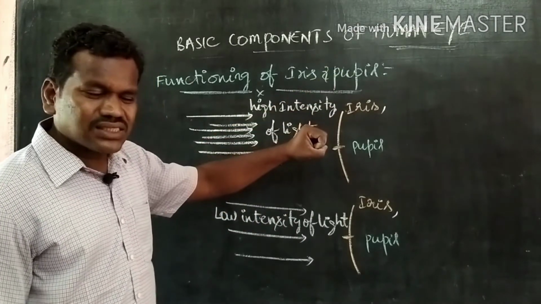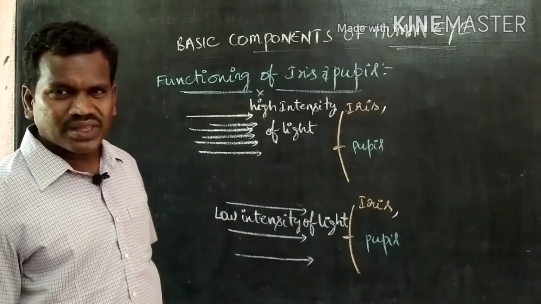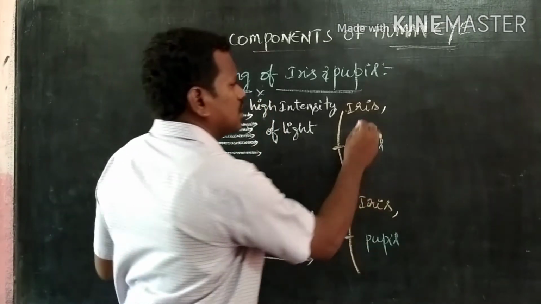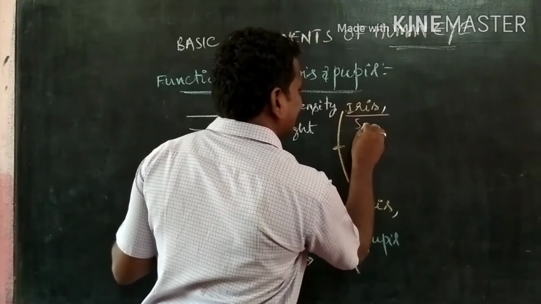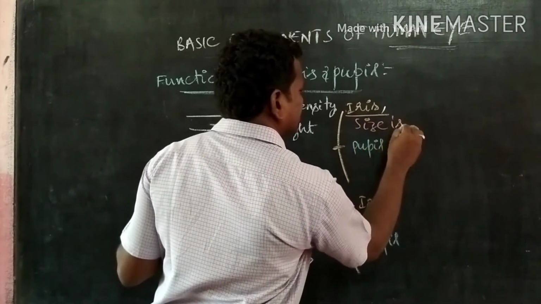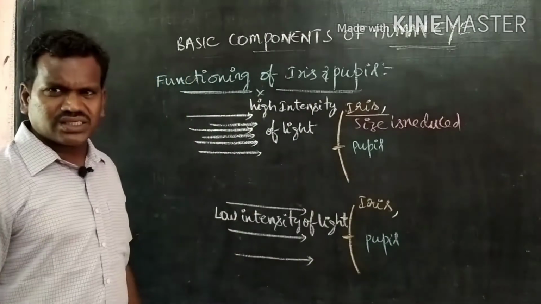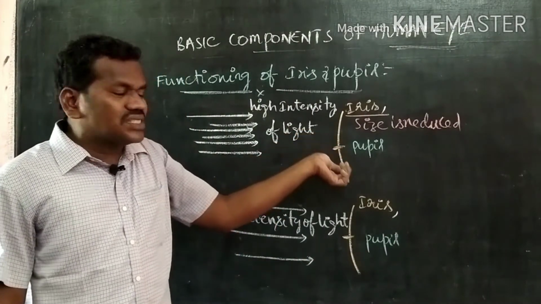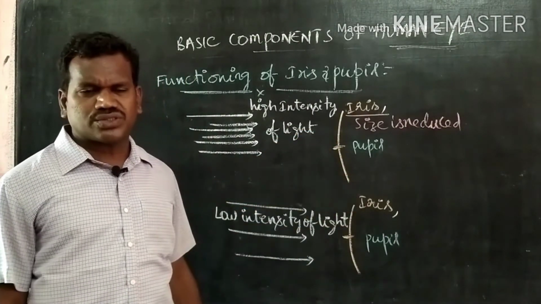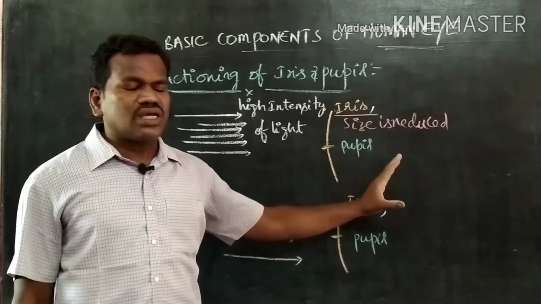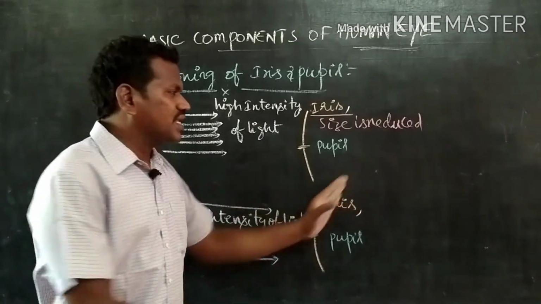The iris controls the pupil. The iris applies force on the pupil, and the size of the pupil is reduced. Because of that, less light enters into the remaining part of the eye.